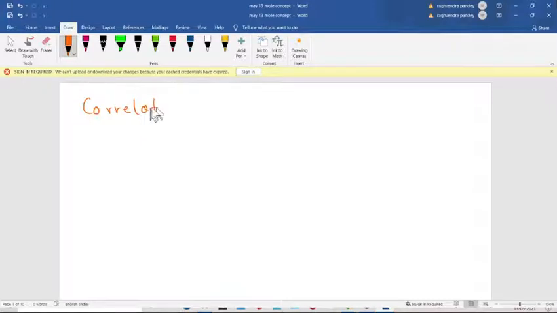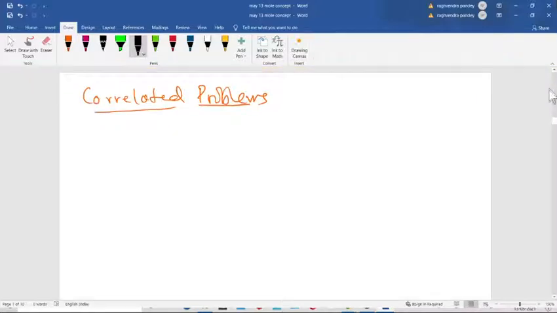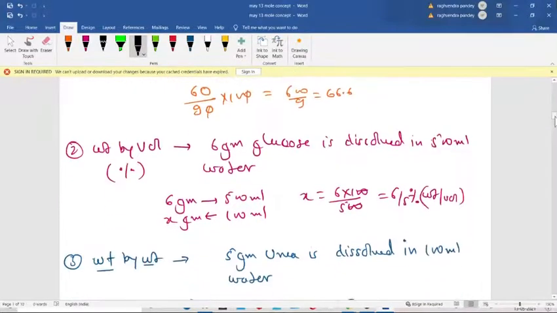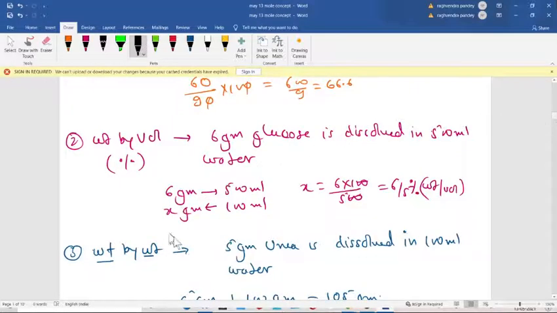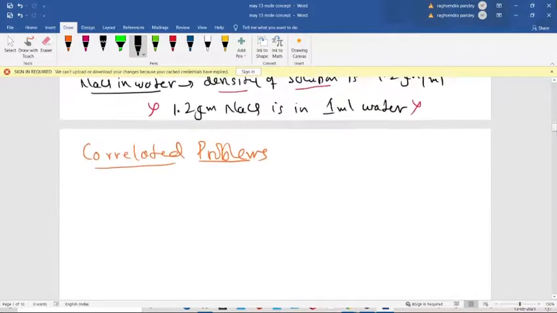In a correlated problem, they will give you different molarity or percentage weight and density and all that, and they ask you to find something. I'm giving you a simple example on the basis of percentage weight by weight or percentage weight by volume. Then I will ask you some questions there.